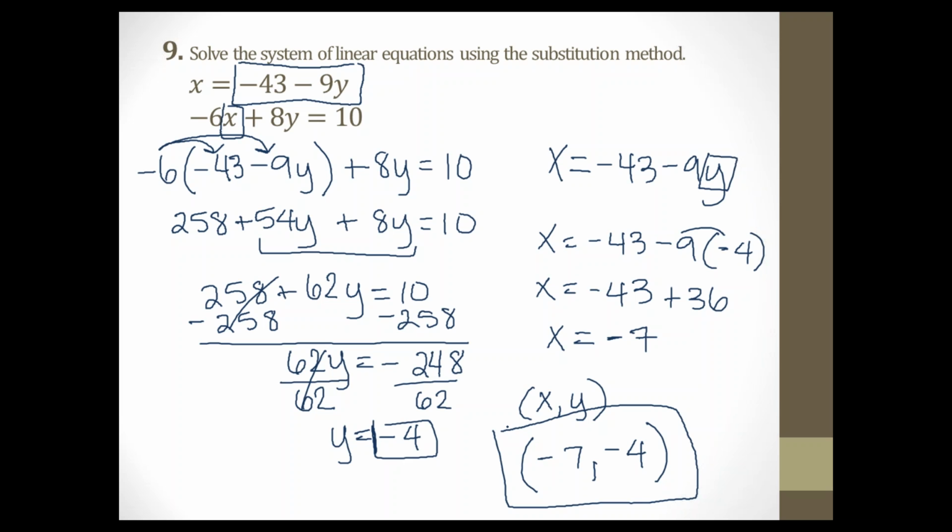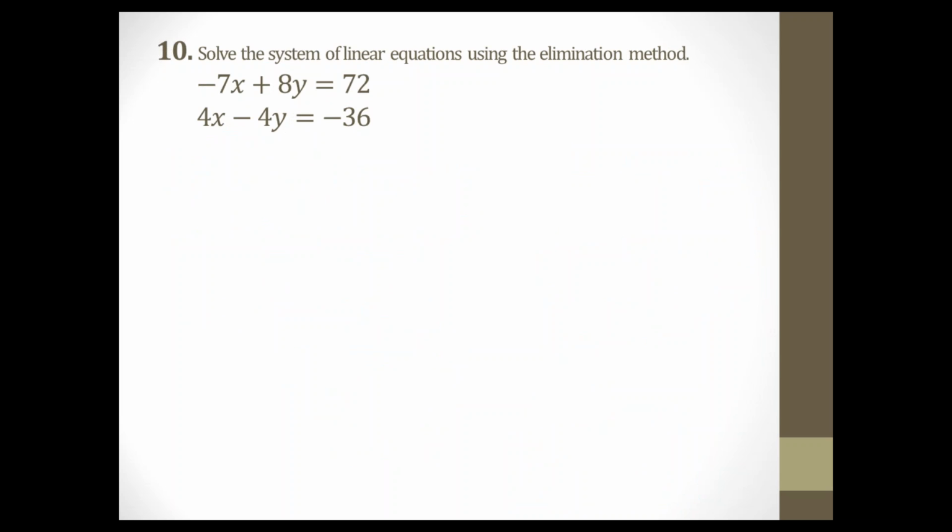All right, so the next question is asking about the elimination method. So solve the system of linear equations using the elimination method. In this case, you decide which variable you want to eliminate first. Sometimes it's easier to eliminate one variable over the other, but in this case, it's pretty equal difficulty, or I guess method to use.